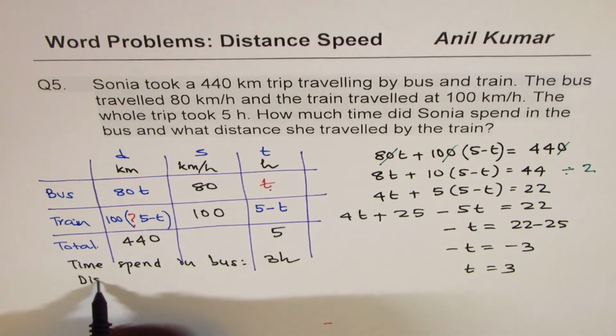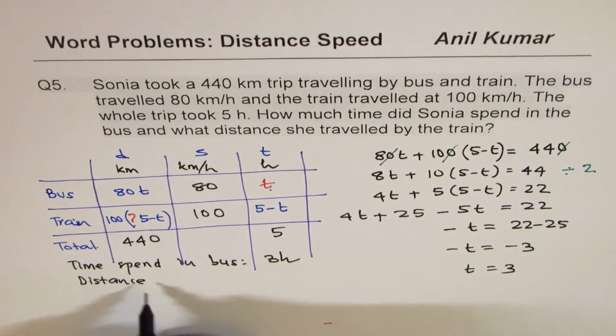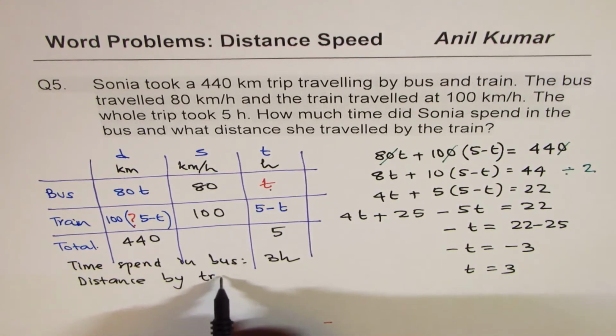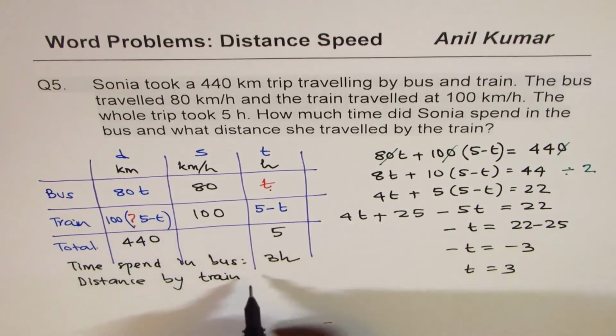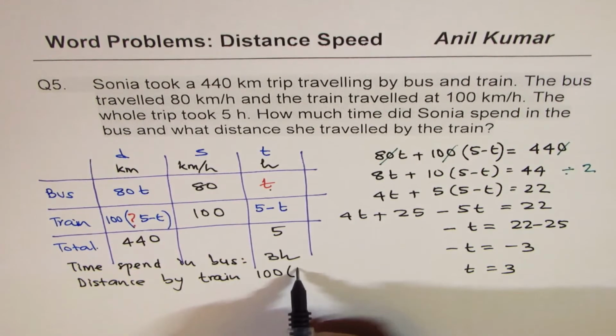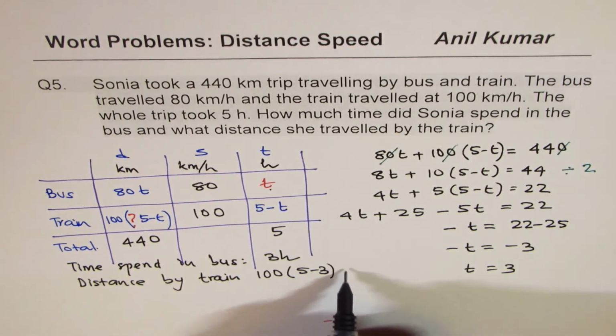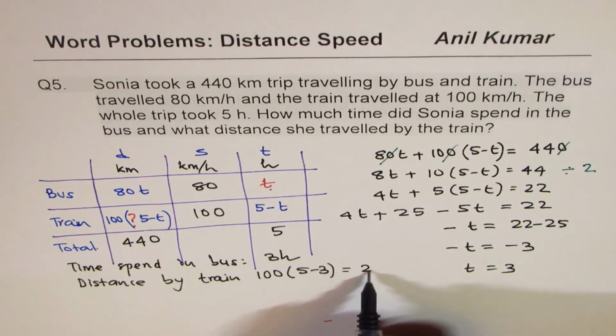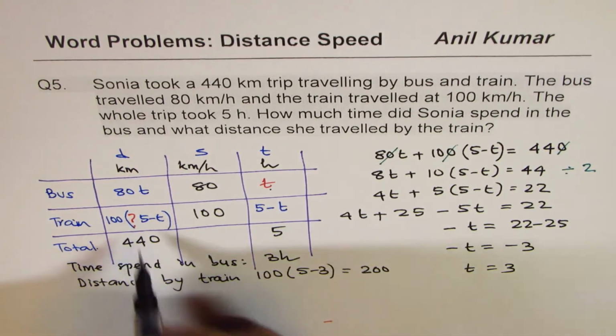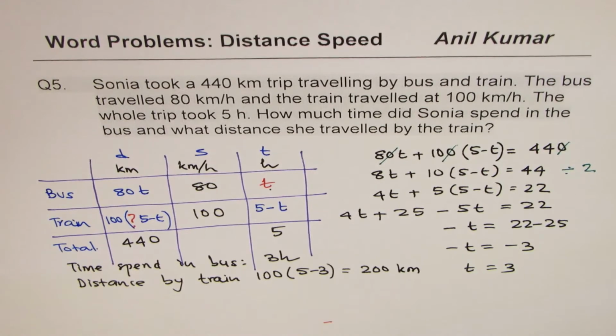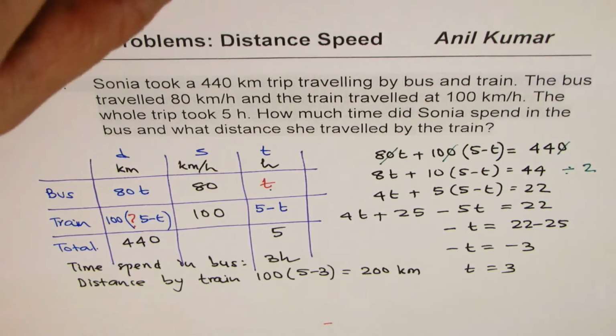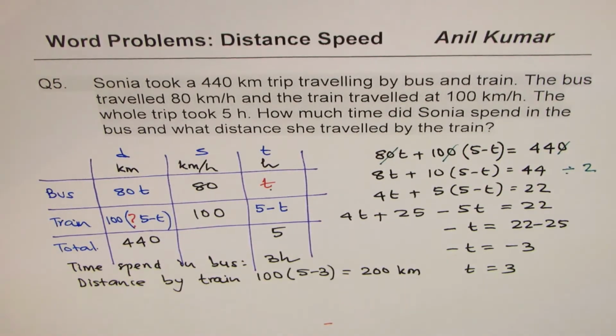So distance by train, we are talking about this distance, is 100 times 5 minus 3. 5 minus 3 is 2. So we get 200, and the units are kilometers. Do you see that? So that is how you're going to find your answer. Perfect. Let's move on to question number 6 now.